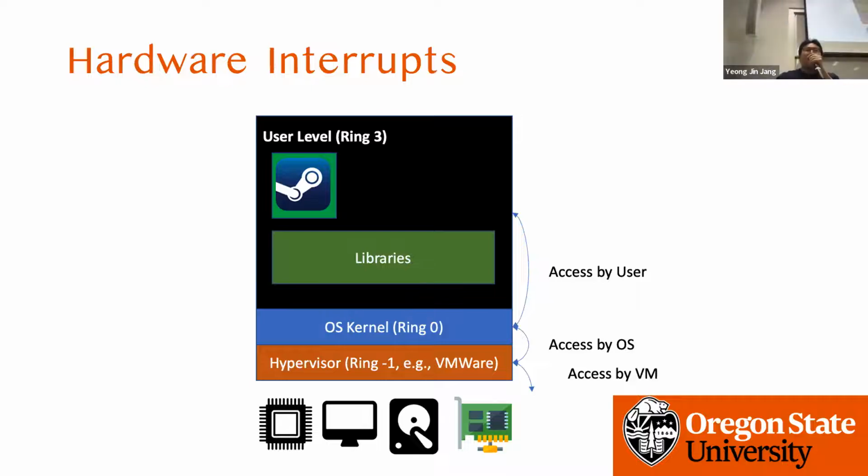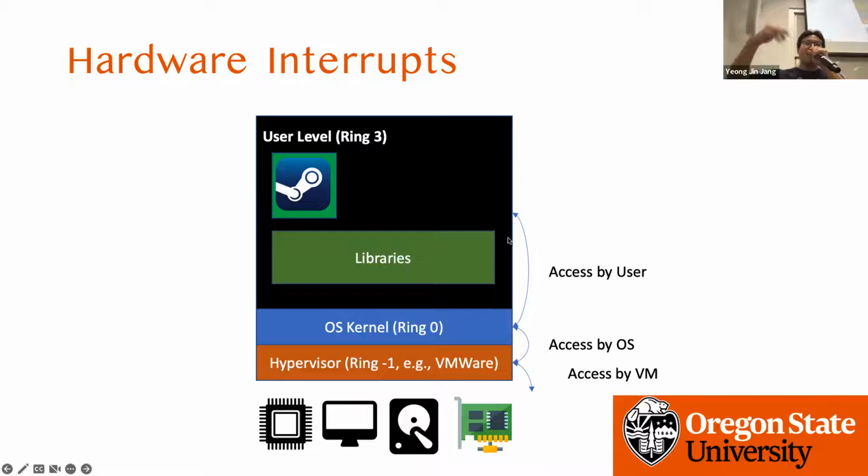And then for handling hardware interrupts, the user, ring 3, will invoke a system call. That will be handled by the guest operating system running in ring 0. And then for that operating system to really access the hardware, it will invoke the hypercall to access the virtual machine monitor, and it will handle the request and then get back.